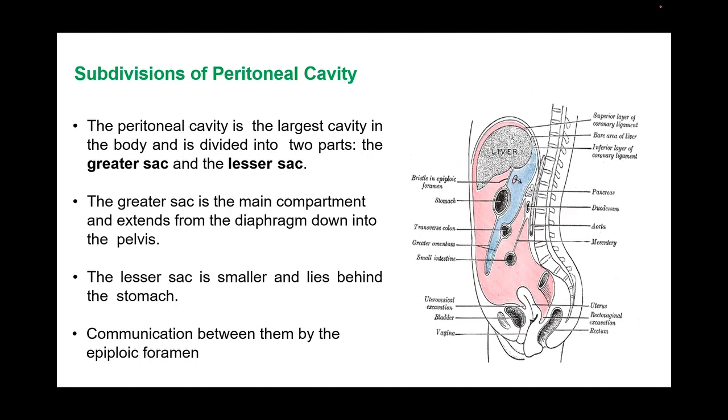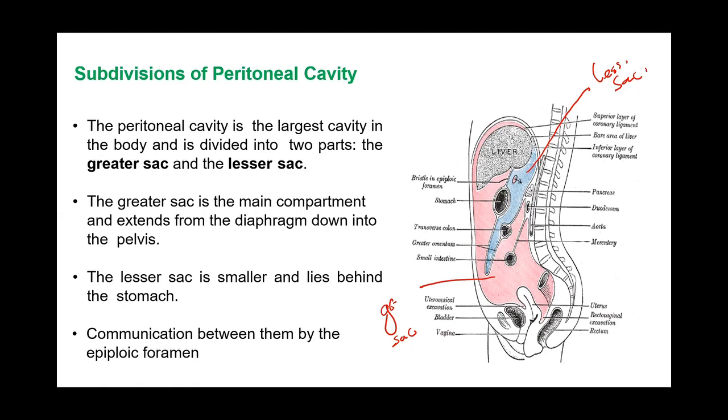On this diagram, this pinkish portion is described as the greater sac, while this bluish portion is described as the lesser sac.